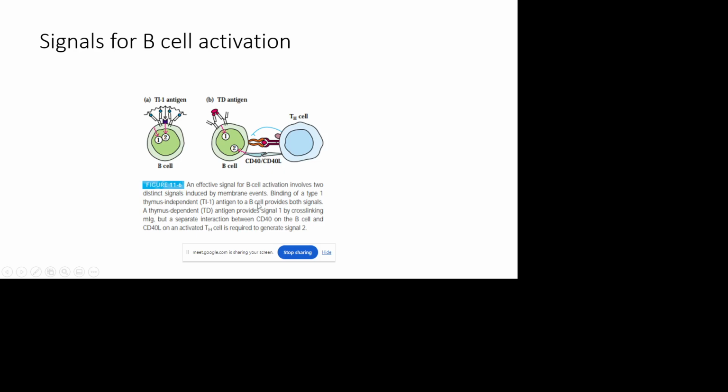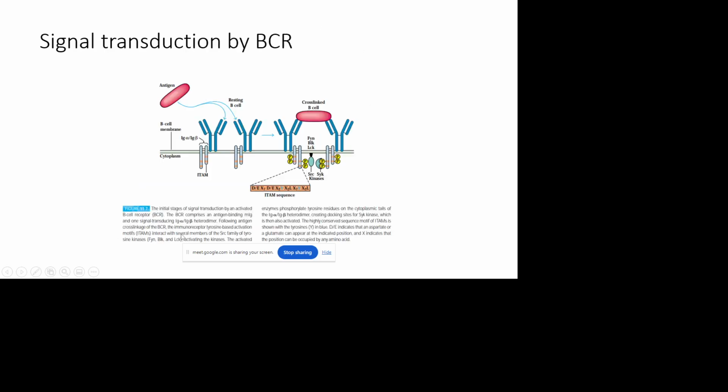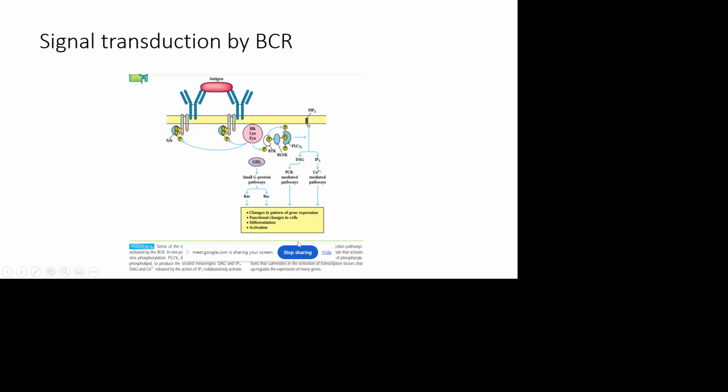So the naive B cell, upon antigenic stimulation, will be activated by the signal transduction mediated by the Ig alpha beta heterodimer of BCR, which has the phosphotyrosine motif.